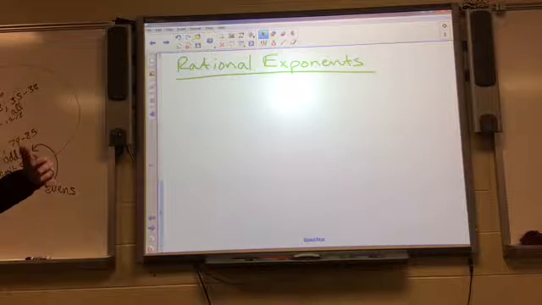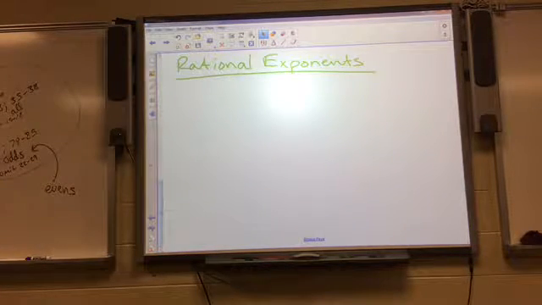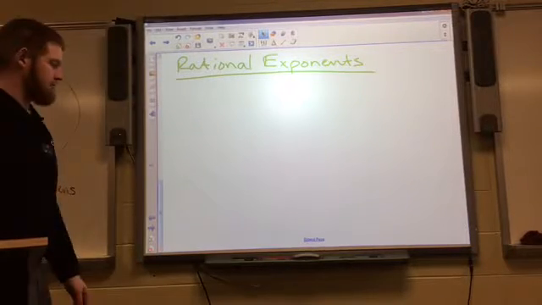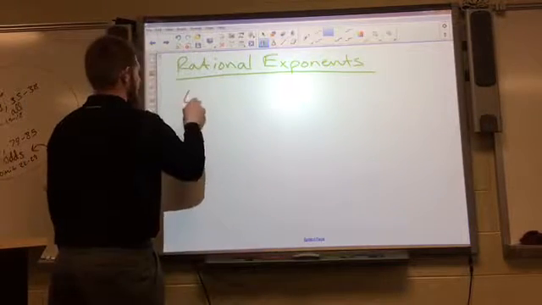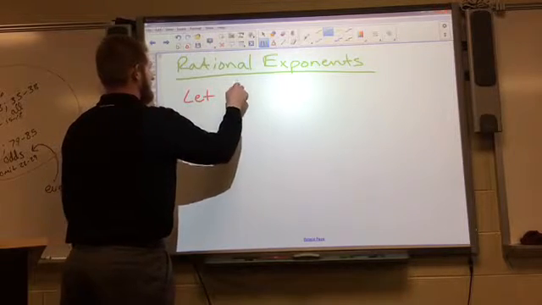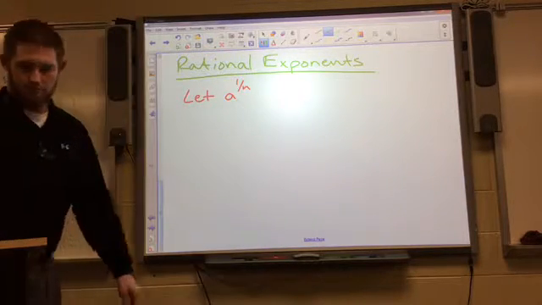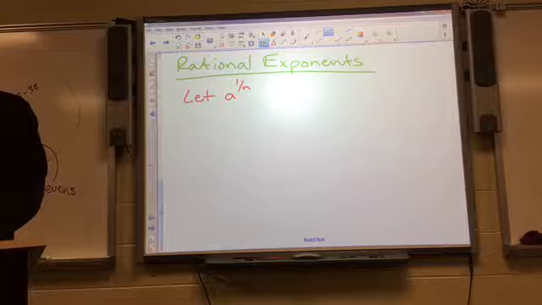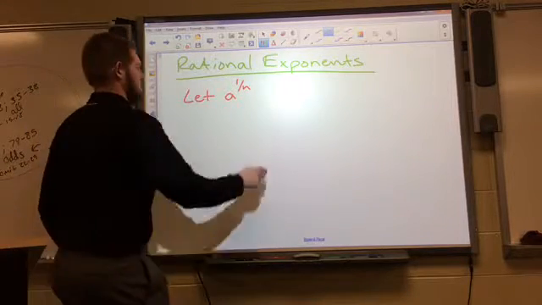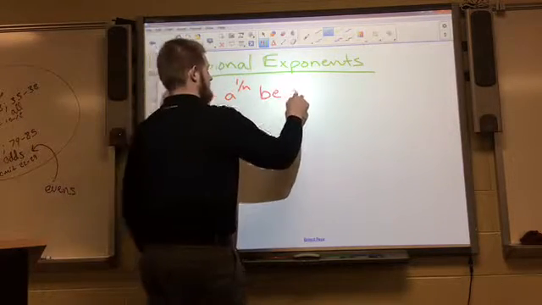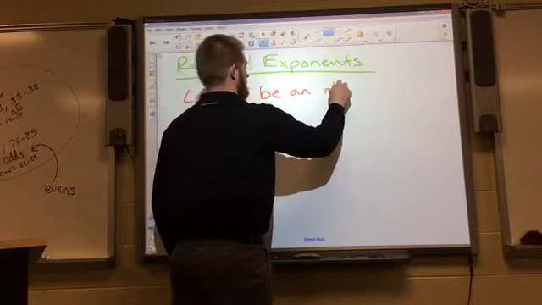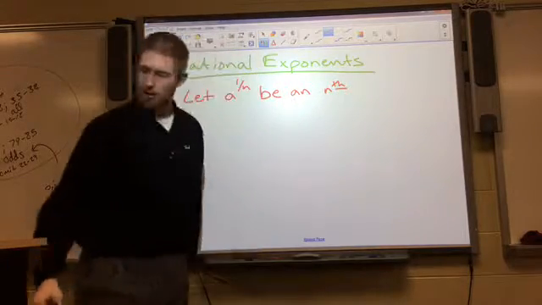So any number that you can write as a fraction is a rational number. So it's not like pi, right? Pi is not rational. So it says let a to the 1 over n be an nth root of a, and let m be a positive integer. Let's see.